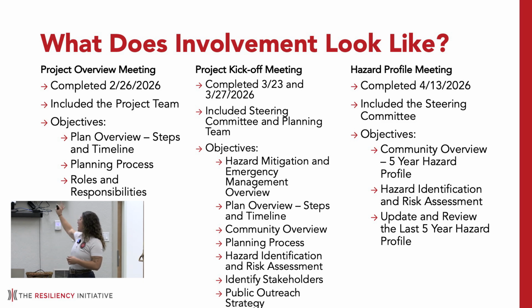A big part of this kickoff meeting was identifying those stakeholders and also narrowing down an outreach strategy for the public to get involved. And then most recently we had our hazard profile meeting, which was with our steering committee.